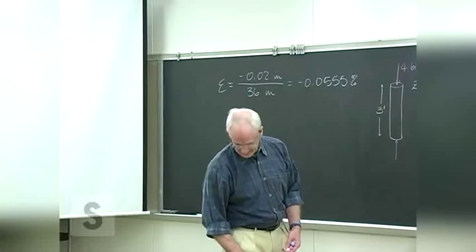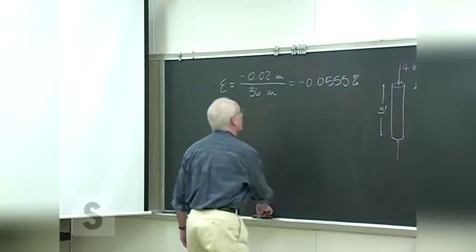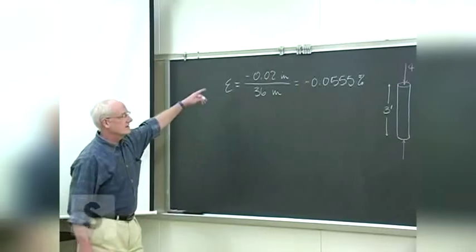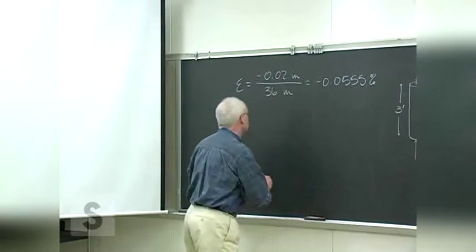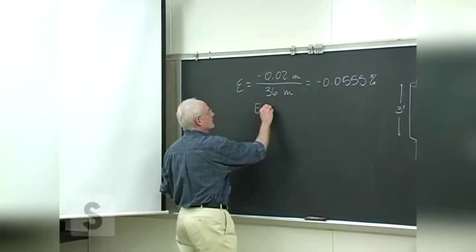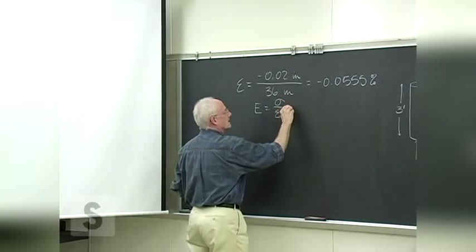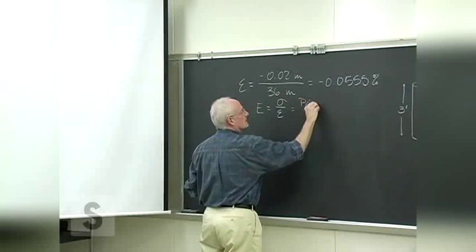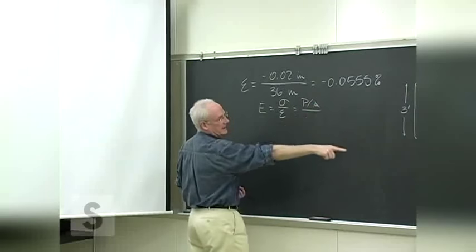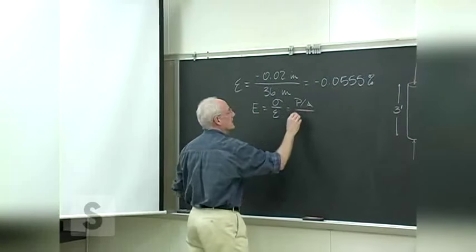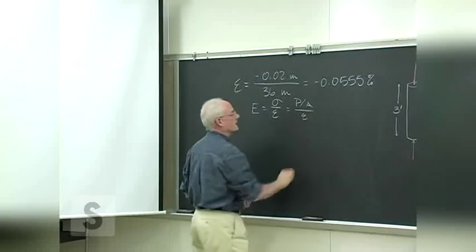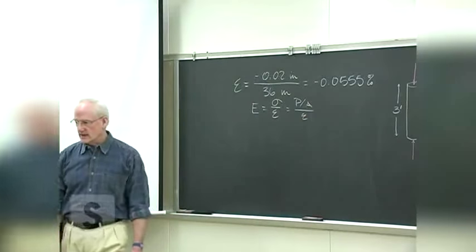Usually. Yeah, okay. All right, so once you've found the strain, then you're gonna use that in the elastic modulus to find the allowable load, given the area we just found and the strain you just calculated, or should have calculated.